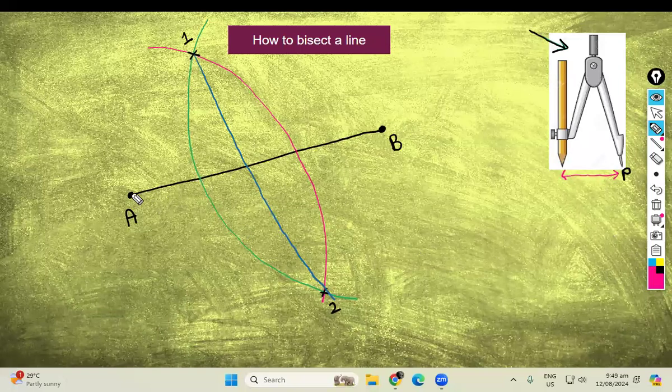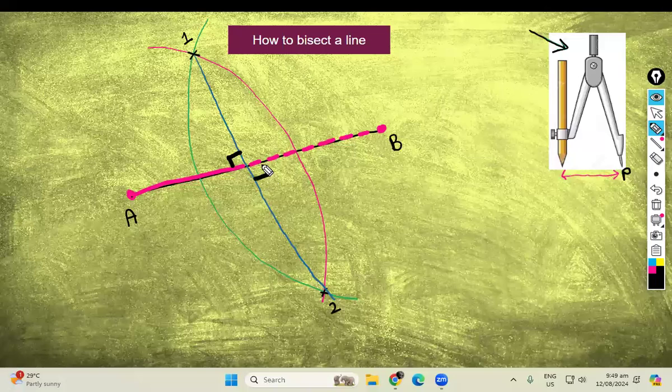In other words, from here to here would be the same length as from here to point B. And another good thing about this method, the blue line and the pink line will be at 90 degrees. So that blue line not only slices AB into 2 equal pieces, but it slices it at exactly 90 degrees.